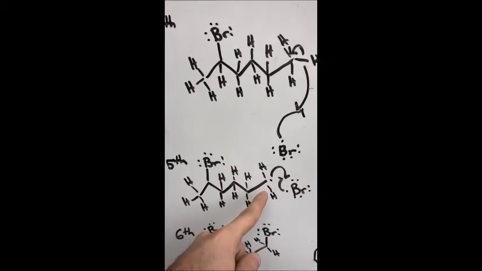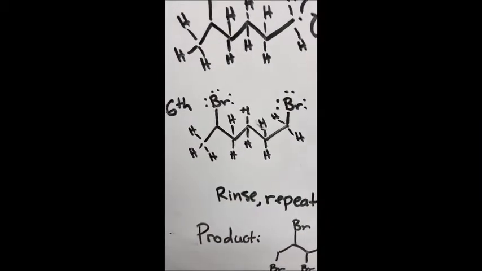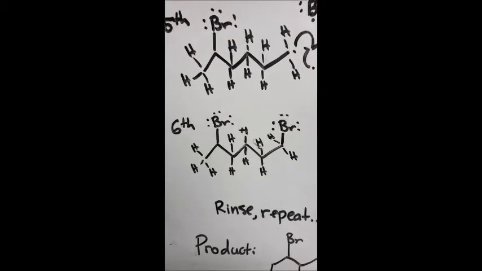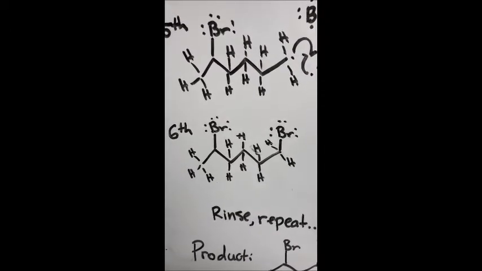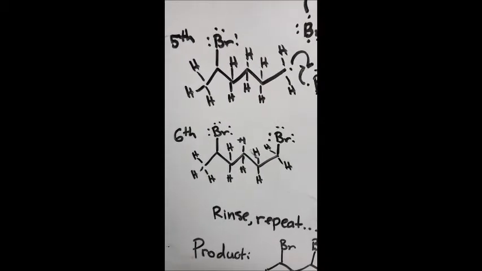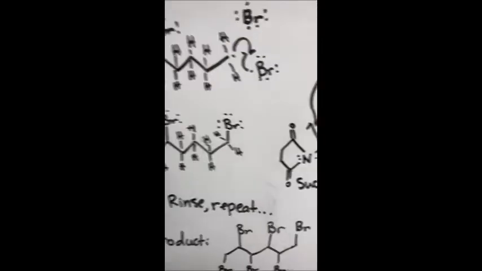This is called the termination step. In the sixth step, this cycle is going to start over again by creating more Br radicals that will couple, split, and attack the alkane chain until our product is formed, which is the brominated alkane.